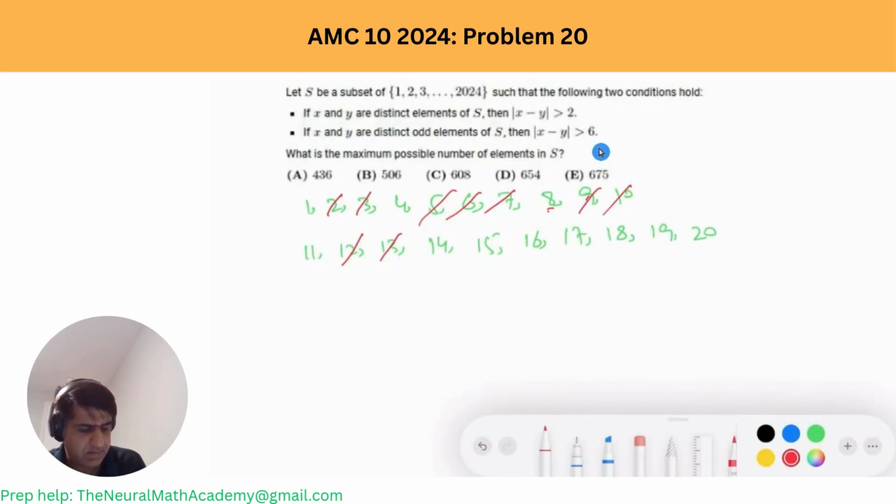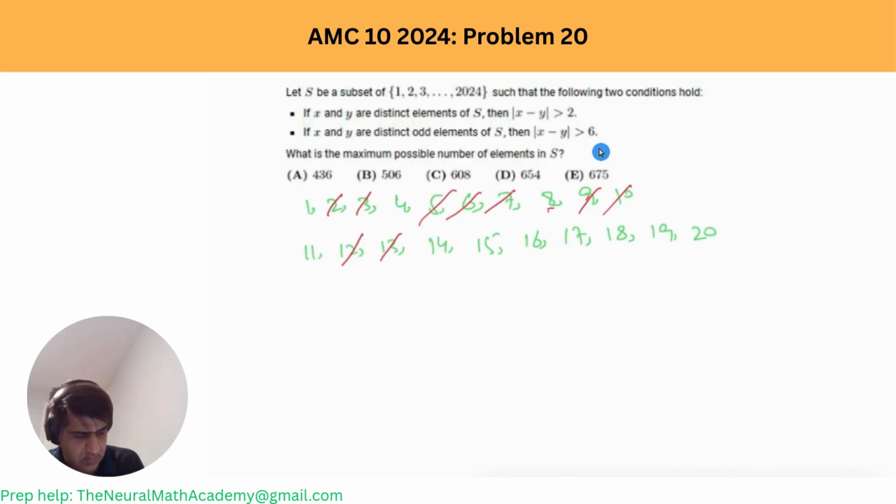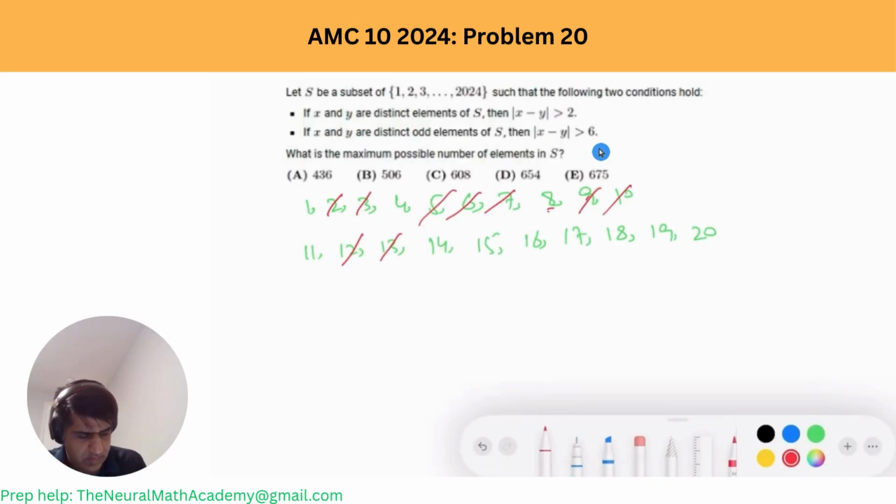And similarly, if I check the next numbers based on the conditions, 18 minus 14, I would get 4. And if I have 17, that would not work. So I would get 18 as the next number, and 19 and 20 will not be possible. So now if I see, from the first 10 numbers, there are 3 numbers which satisfy these two conditions, right?